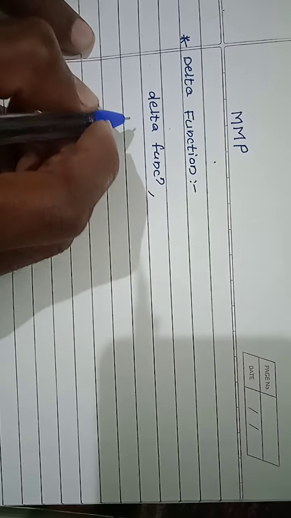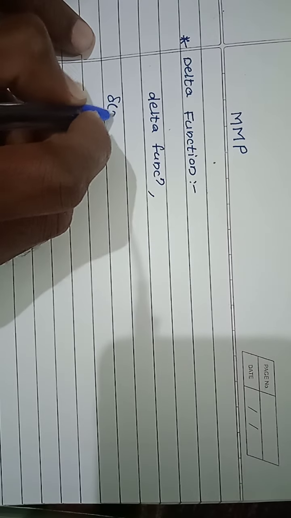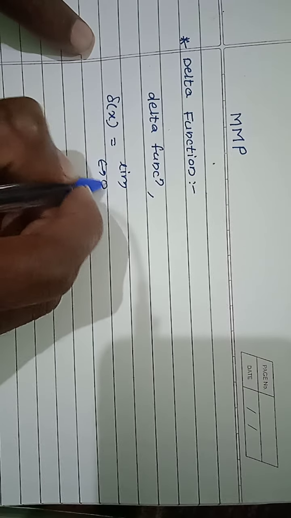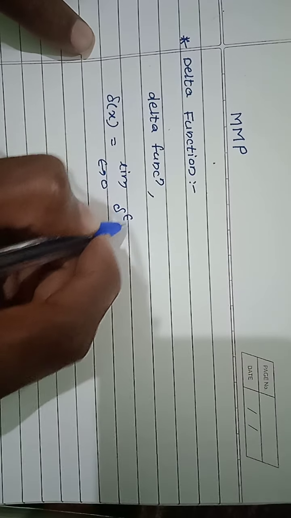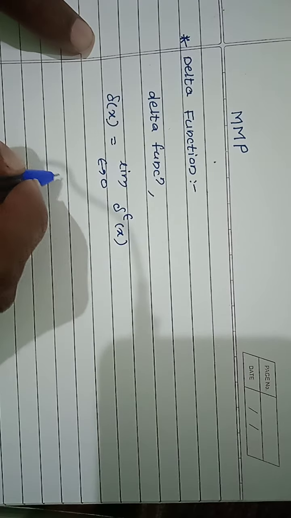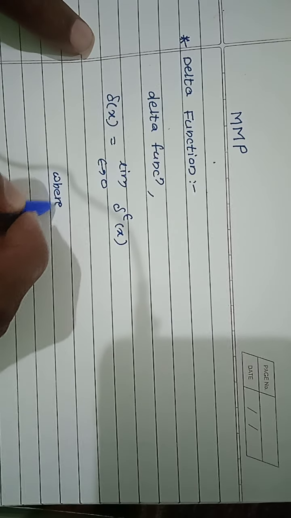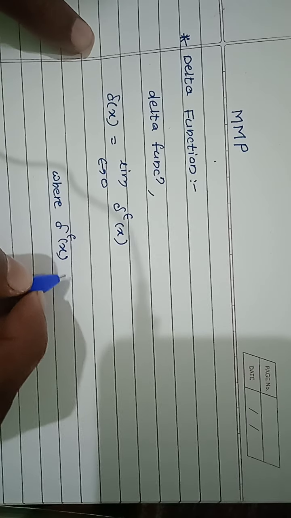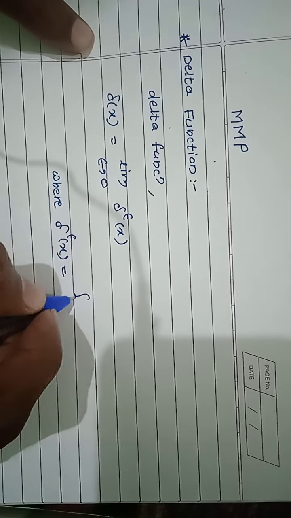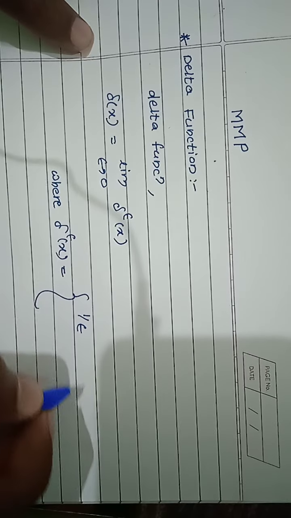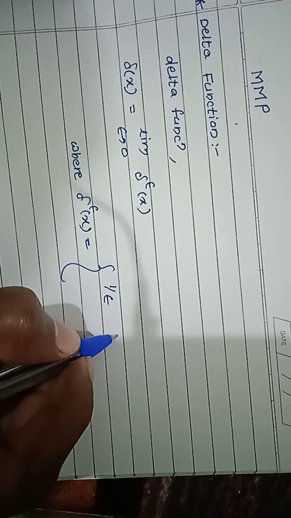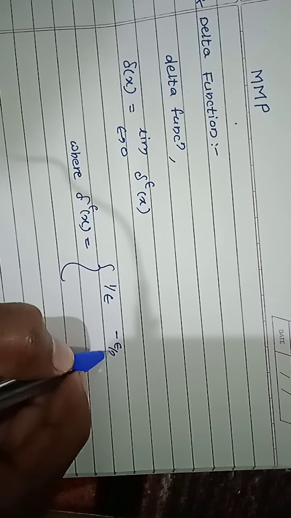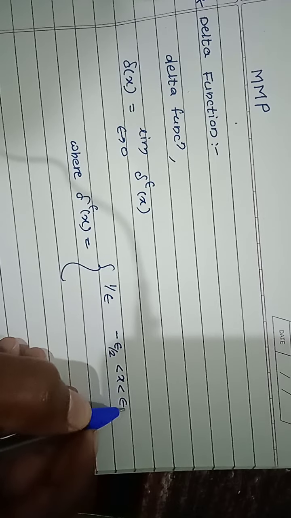The definition of delta function is: delta of x equals the limit as epsilon tends to 0 of delta epsilon of x, where delta epsilon of x equals 1 over epsilon, for negative epsilon by 2 less than x less than epsilon by 2, and 0 elsewhere.